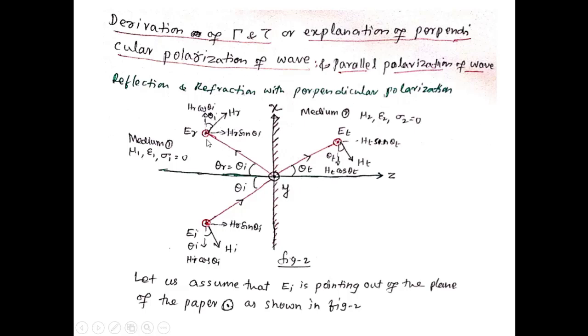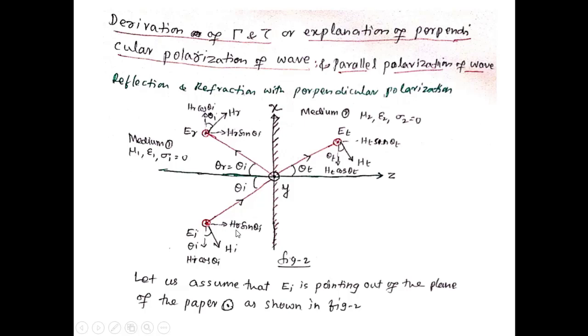So here the magnetic field is perpendicular to the electric field, therefore we will get HI perpendicular to EI, and here HT, the transmitted magnetic field, is perpendicular to ET, and the reflected magnetic field is given by HR. So we will get components HR cos theta i, HR sin theta i.